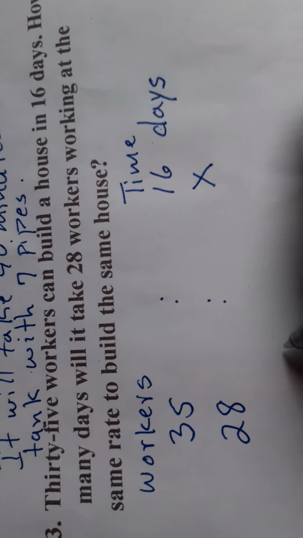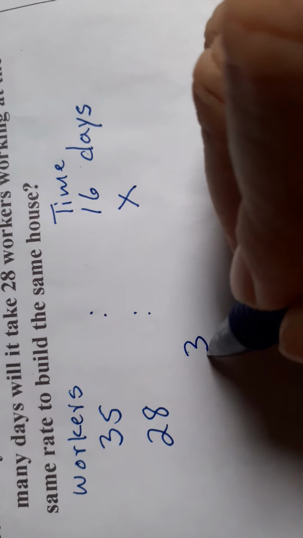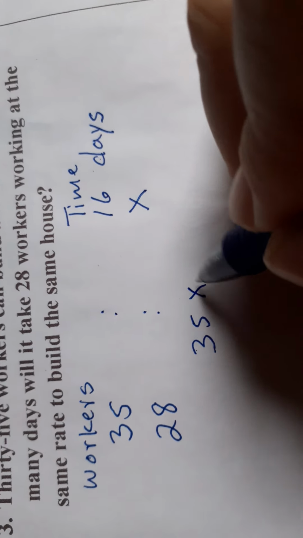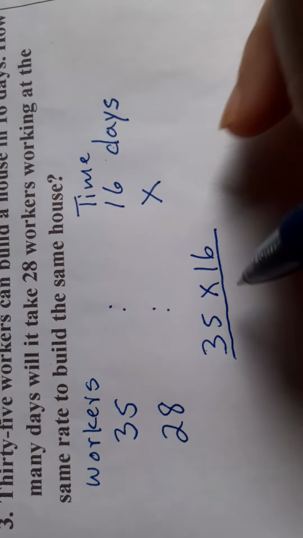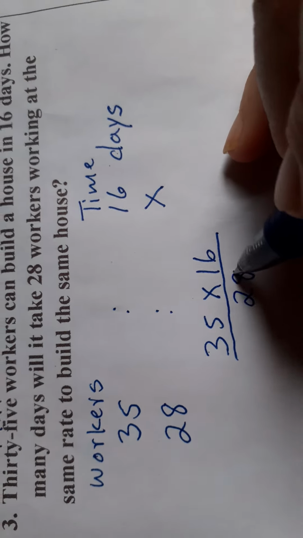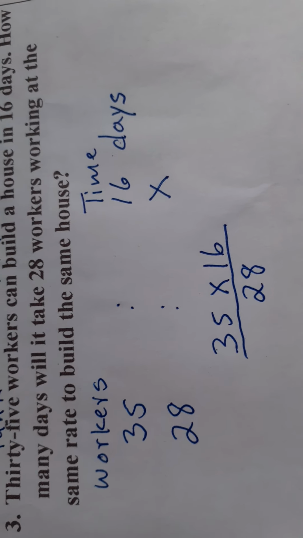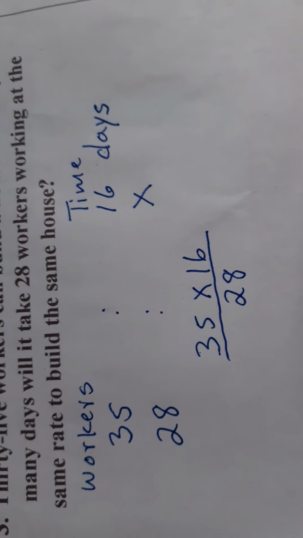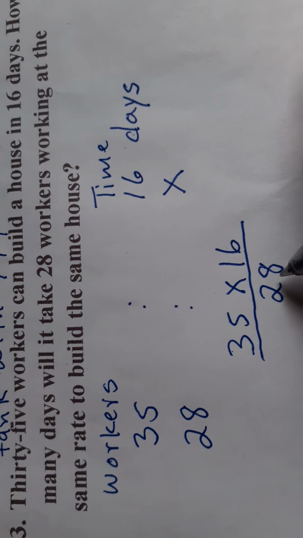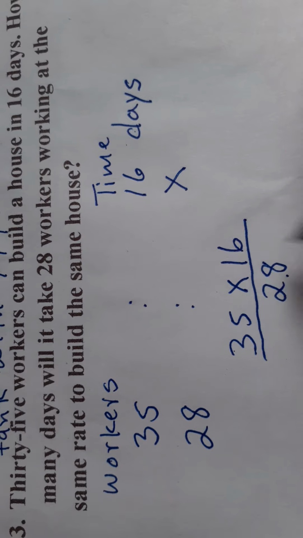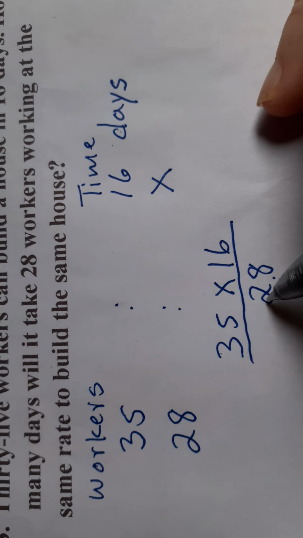Now we set up our equation. 35 times 16, remember we multiply straight, this and this, divided by 28, the bottom number variable in the second ratio. Now, 28 and 16 can simplify by 4.